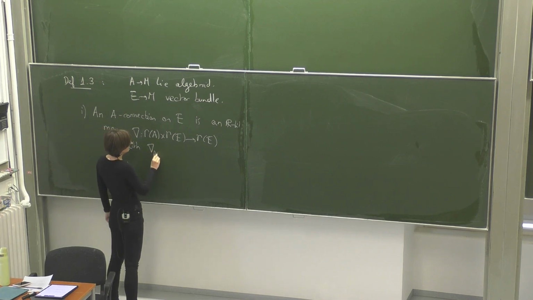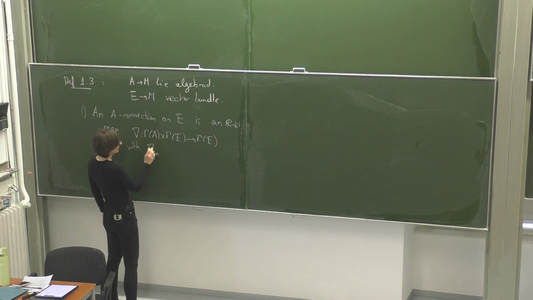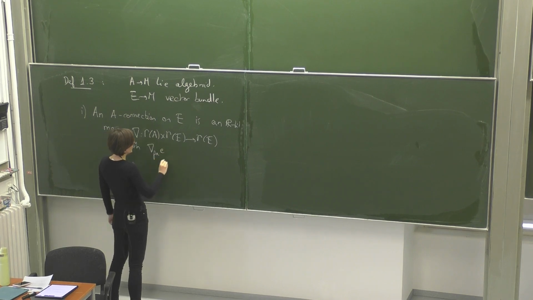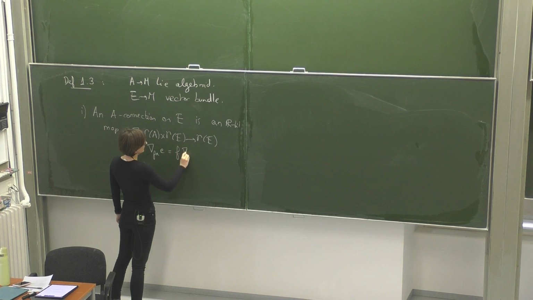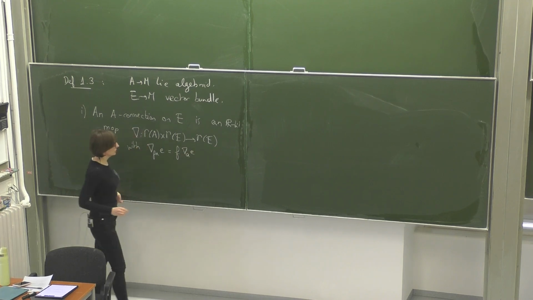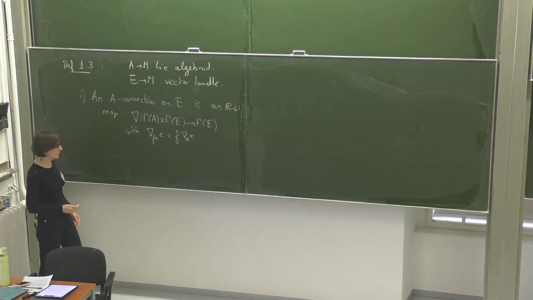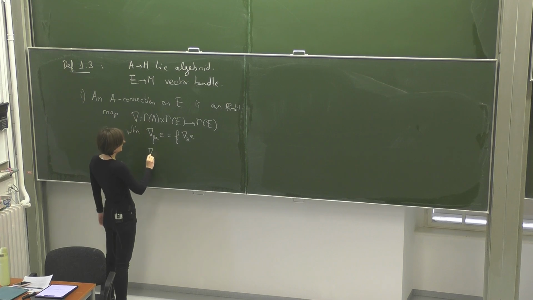So multiplying a section of A with a smooth function on M is a linear condition. So it's C-infinity(M)-linear in the first argument, and in the second argument you have a Leibniz rule.